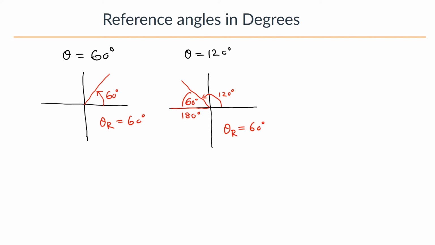Now let's look at theta equals 210, which is more than 180 and less than 270. So the angle is in the third quadrant.